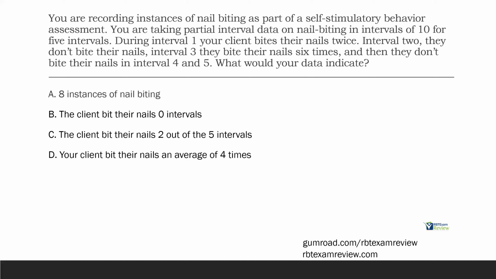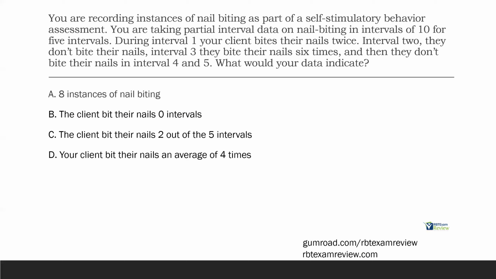So regardless of how many times that behavior happened in the interval, we're only going to record 1 behavior. That's very important to remember with interval recording, because you'll see in the answer choices, if we were taking, say, frequency data, our data would look different. But we're not. We're taking partial interval data.